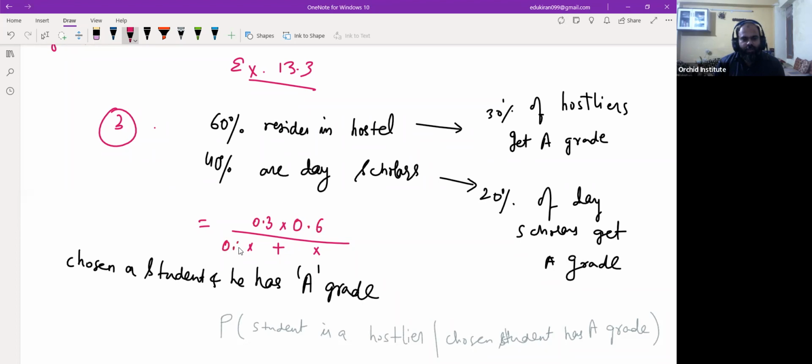Here there will be the same thing, 0.3 into 0.6. Here it will be 0.2 into 0.4. So you get here 18, and here you get 18 plus 8, 26. So 9 by 13. This is what you were saying, no?